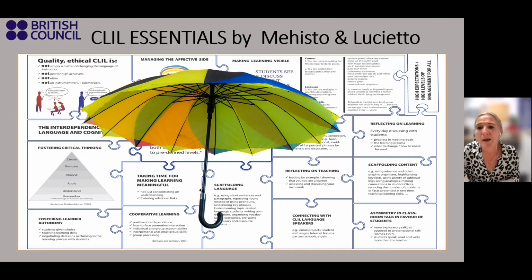Another of these elements, making learning visible, making our students aware of what's going on in their classes and how they have a part to play in this learning. Thinking about critical thinking, thinking about learner autonomy, connecting language with learning, scaffolding the content, scaffolding the kind of language that we're asking our students to use in order to demonstrate that they've understood the concept.